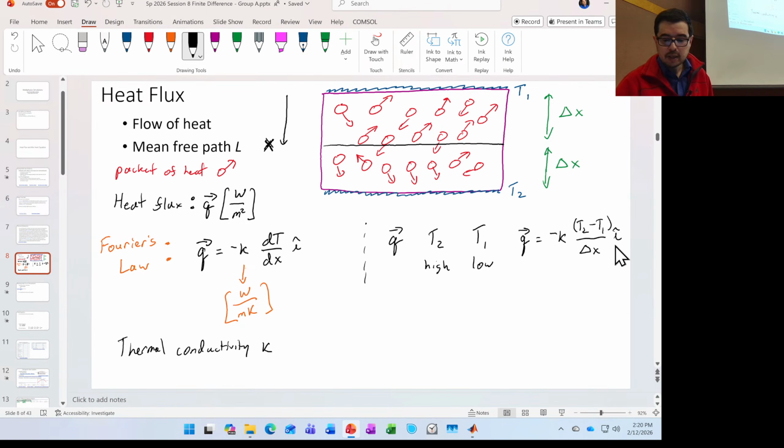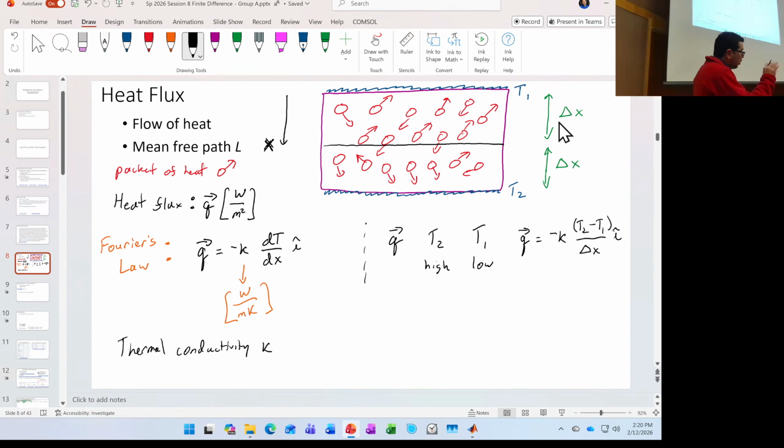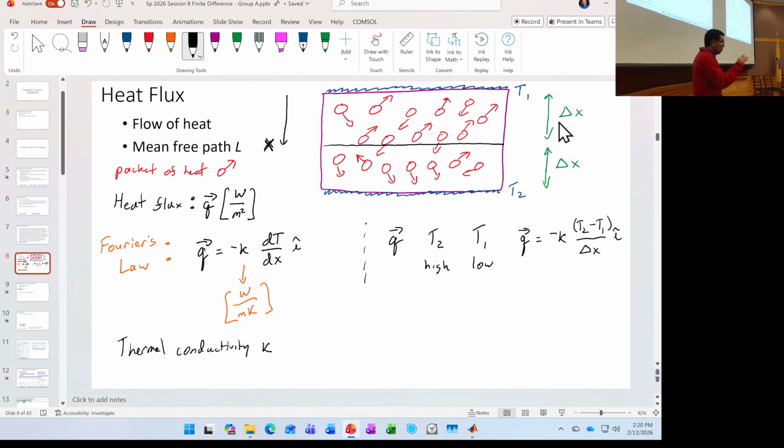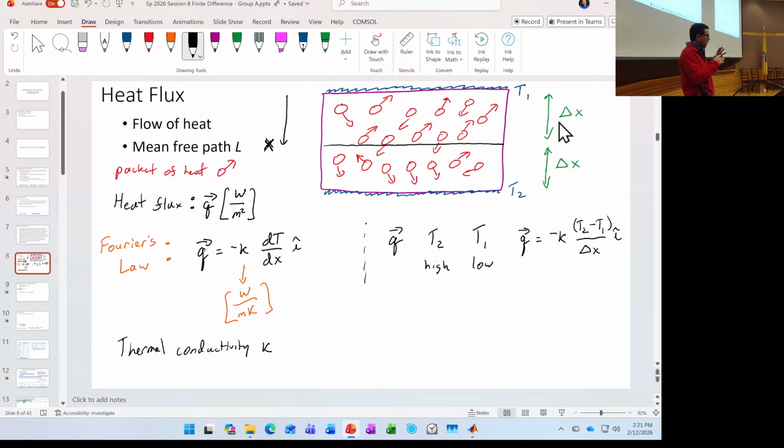You can already see I've got some distances that, for now and in general with the finite difference method, are all the same. When we start doing finite element and finite volume, we can have different sized elements and thus different lengths involved. But for our treatment of finite difference, the grids are all composed of squares, all with the same lengths.